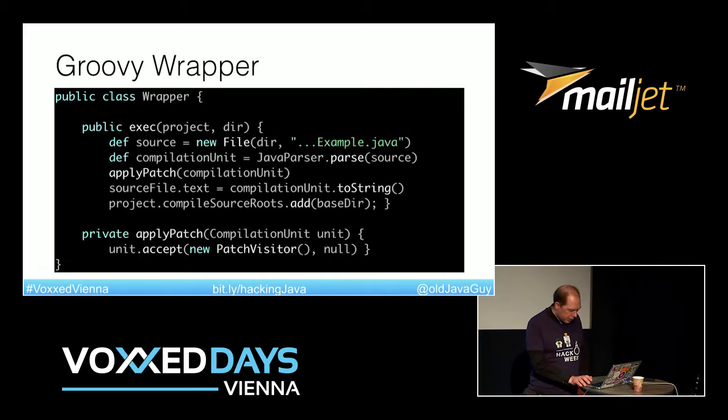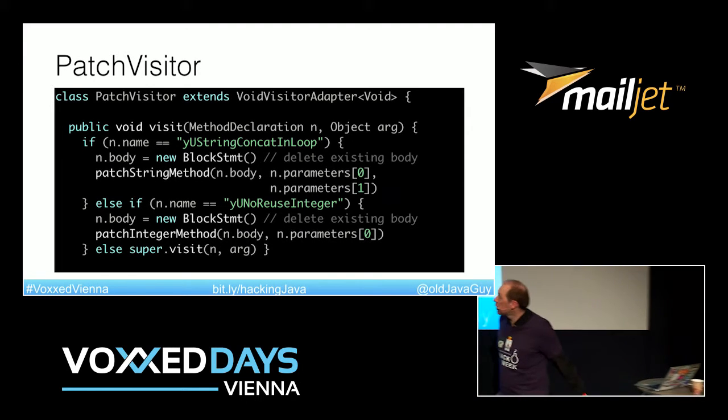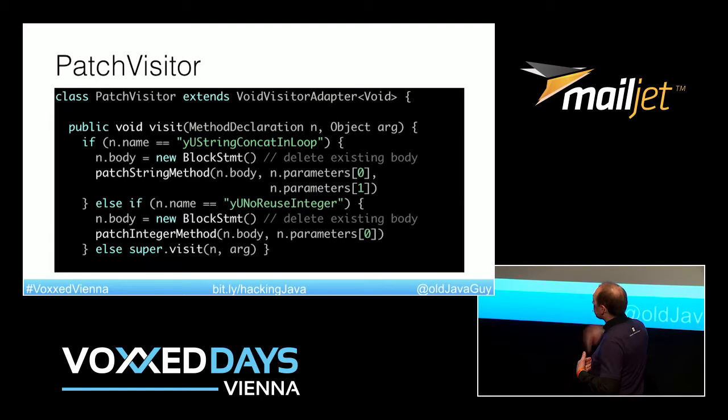Okay, so here again I have a Groovy wrapper, and in this case JavaParser is mostly visitor based. So here I apply a patch with a new patch visitor, and there's basically a void visitor, which by default does nothing, and has implementations for lots of different kinds of declaration types.